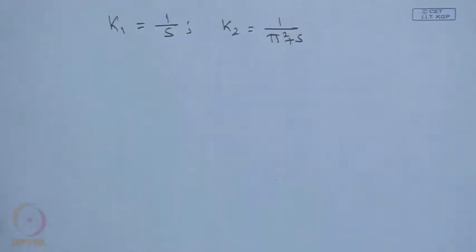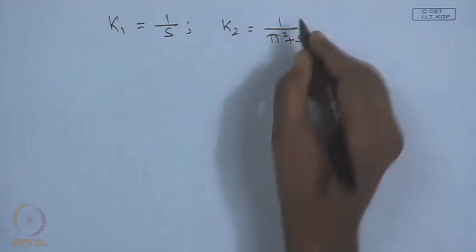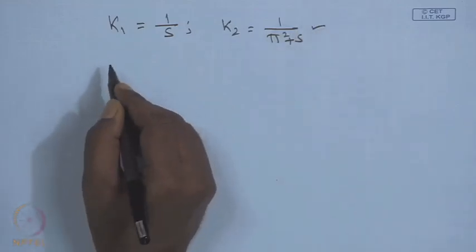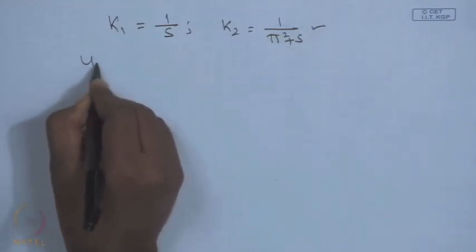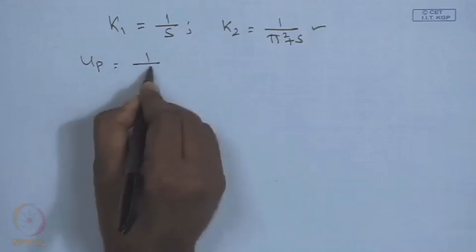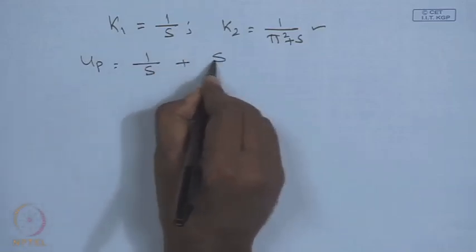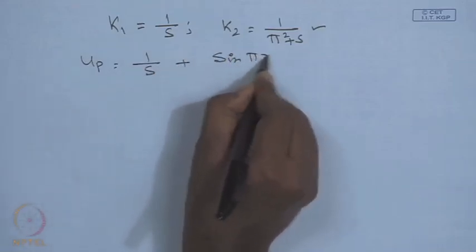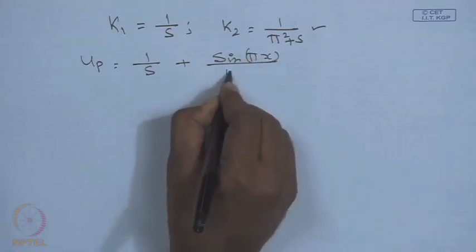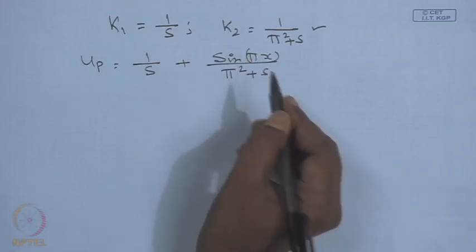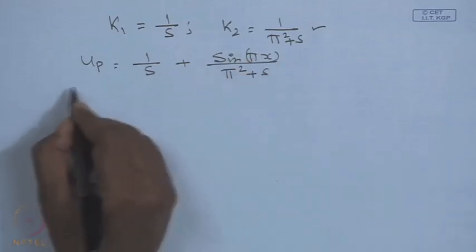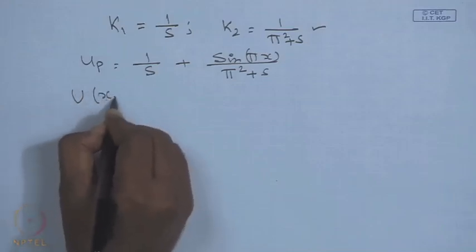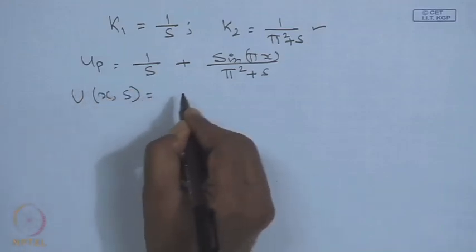So, we can get the constants k1 and k2. Therefore, u particular will be nothing but 1 over s plus sin pi x divided by pi square plus s.